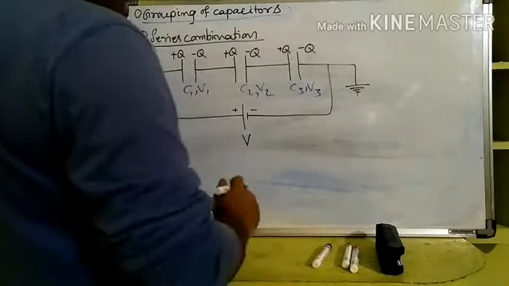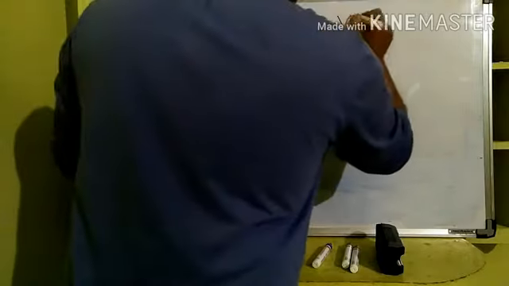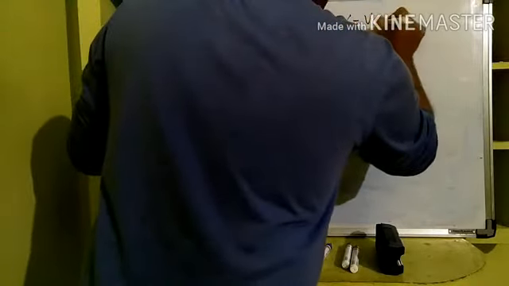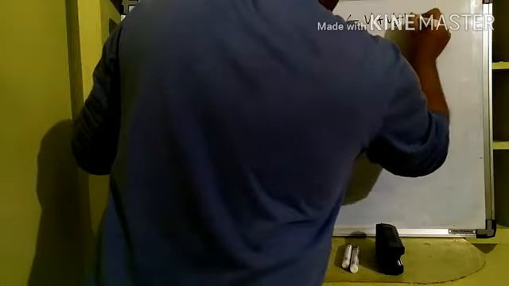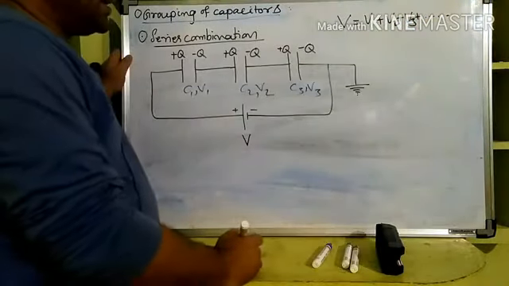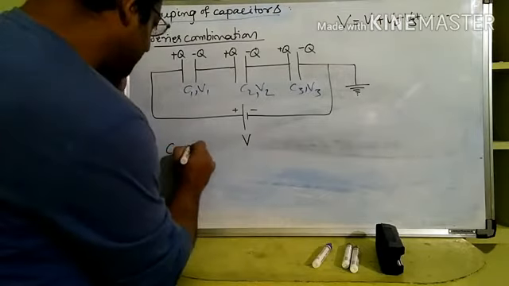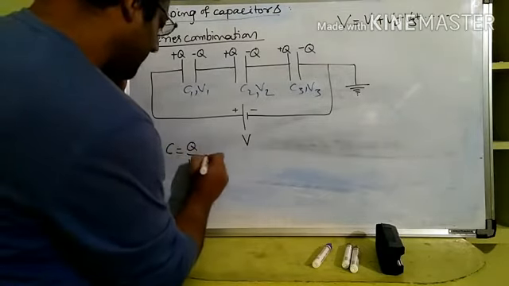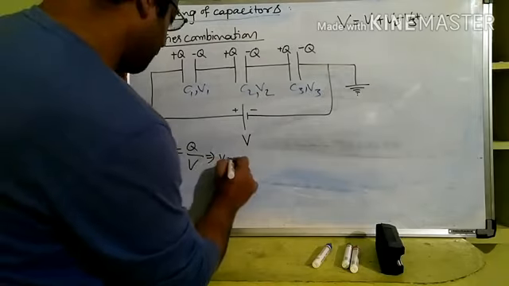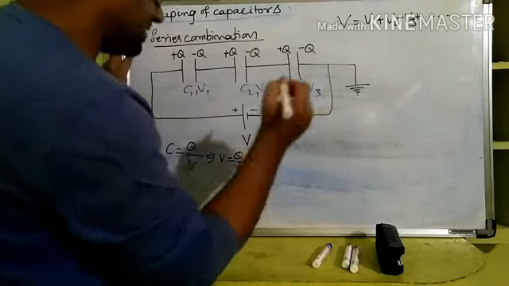Then in this case, what we can say, V must be equal to V1 plus V2 plus V3 plus so on. Now we know that C is equal to Q by V, which implies that V is equal to what? Q by C, right?